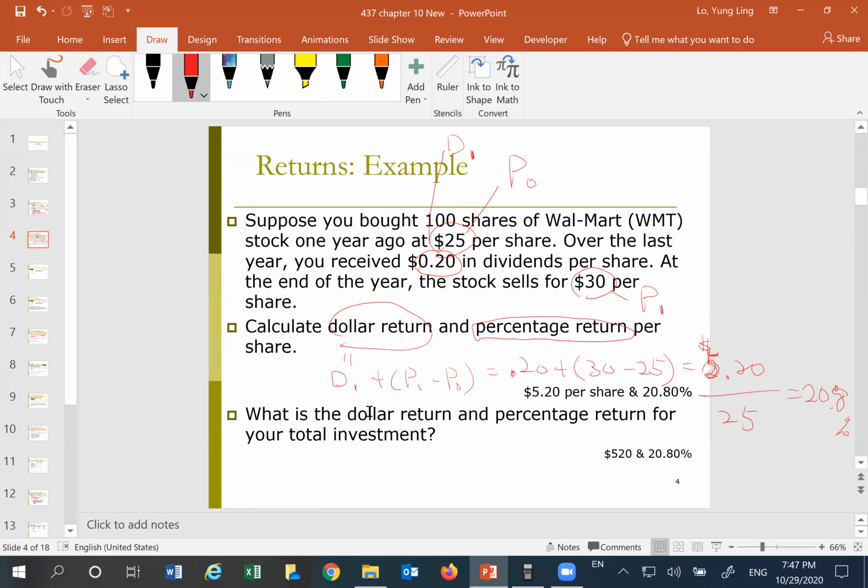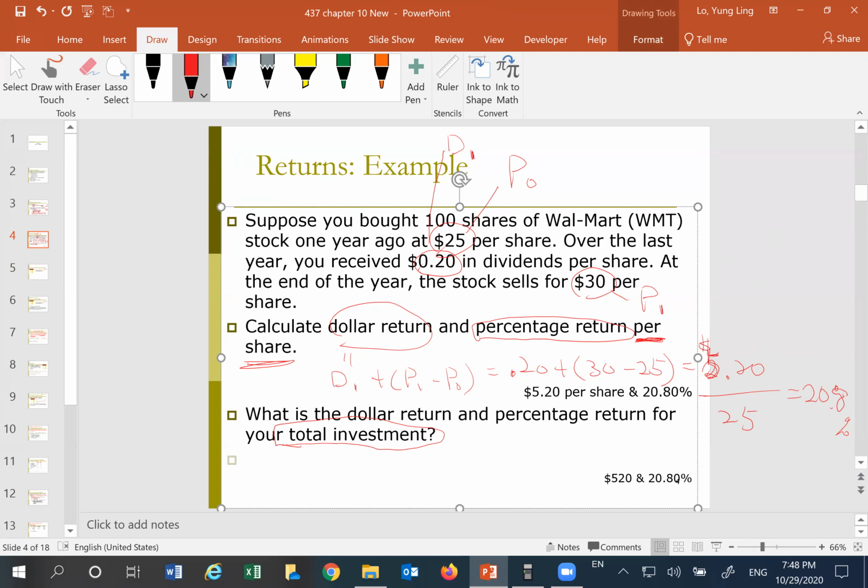We're solving for the same thing, but rather than per share, we're looking at the whole investment, your total investment, that will include not just one share but the 100 shares of the stock that you invested. Your dollar return for the total investment will be calculated as the dollar return per share times the number of shares that you own.